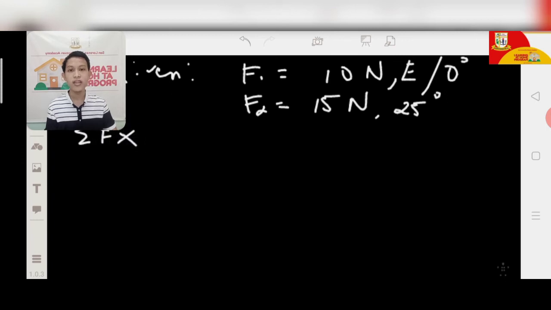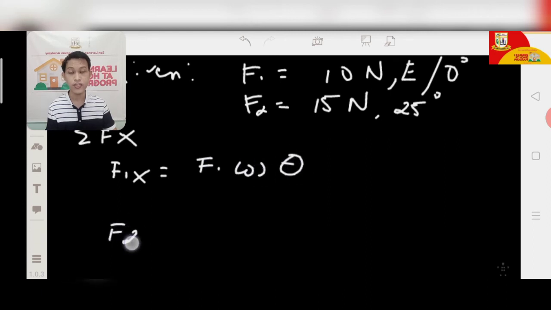So we have summation of f of x, or for the horizontal component, we have f of 1x is equal to f of 1 cos theta. To find the horizontal, we use the cosine value. And then for f of 2x is equal to f of 2 cosine theta.